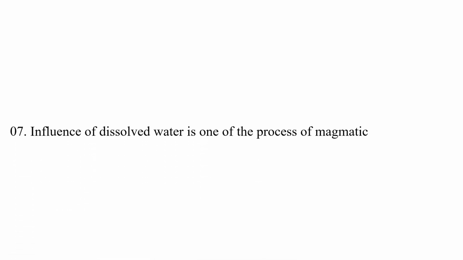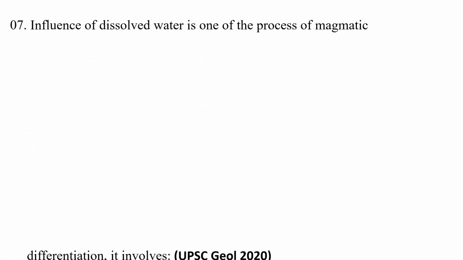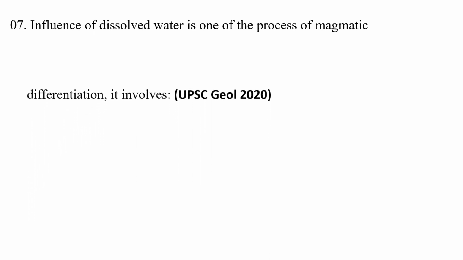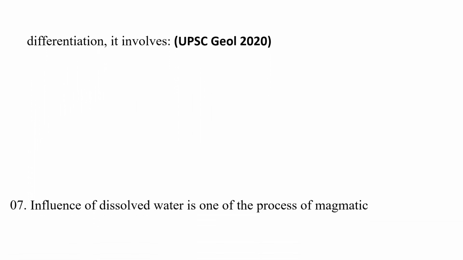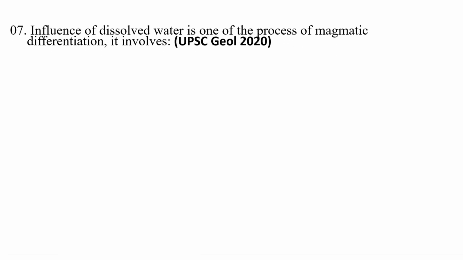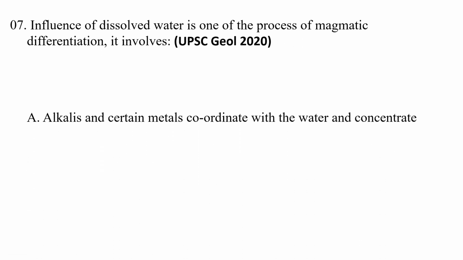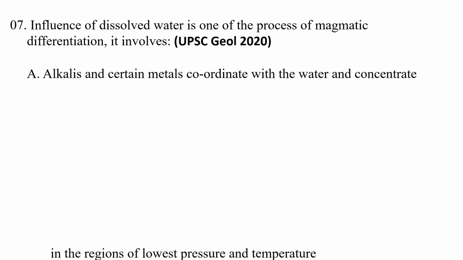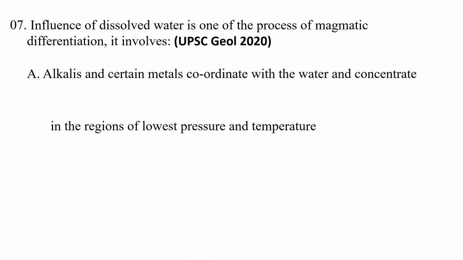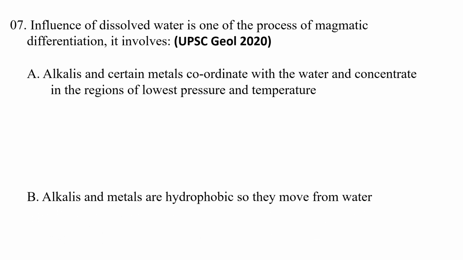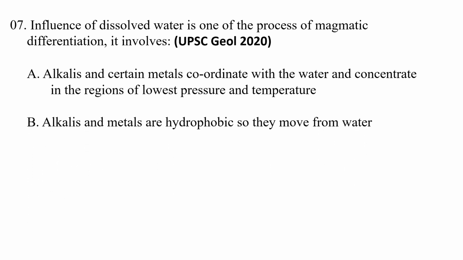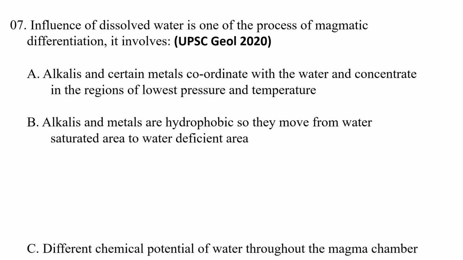Coming to the seventh question: influence of dissolved water is one of the processes of magmatic differentiation and it involves. Choices are A. Alkalis and certain metals coordinate with the water and concentrate in the regions of lowest pressure and temperature. B. Alkalis and metals are hydrophobic, so they move from water-saturated area to water-deficient area.